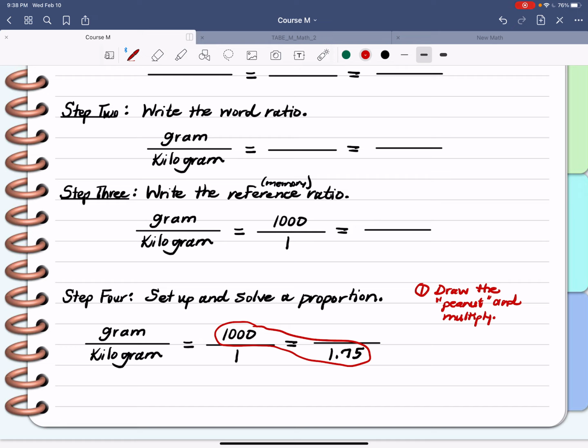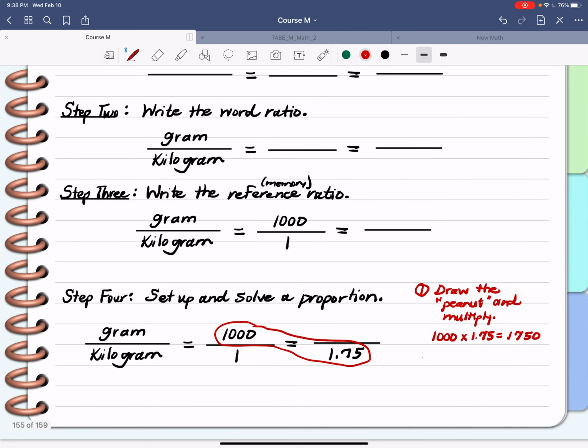So we're going to say 1,000 times 1.75. And you can use your calculator, or if you know the tricks about moving decimals, you can do that. The metric system is all about multiplying or dividing by multiples of 10. So either way, however it's easier for you, 1.75 times 1,000 is 1750.